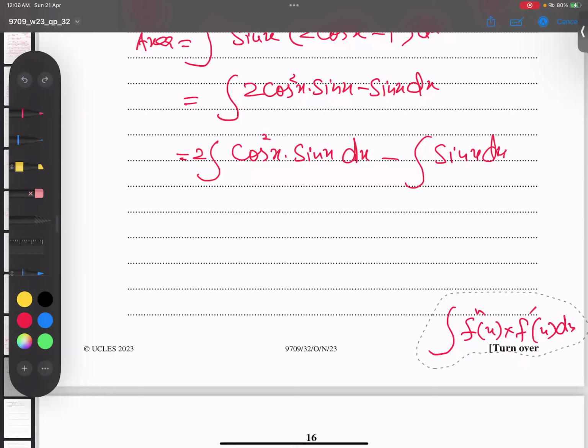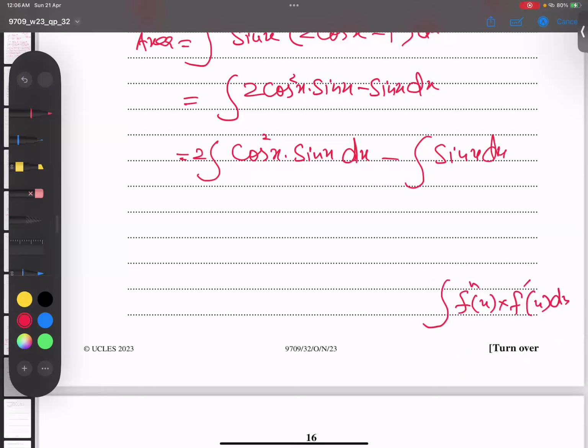So increase the power by 1, I mean n plus 1, and divide by the same, plus c. And the derivative will eliminate automatically.